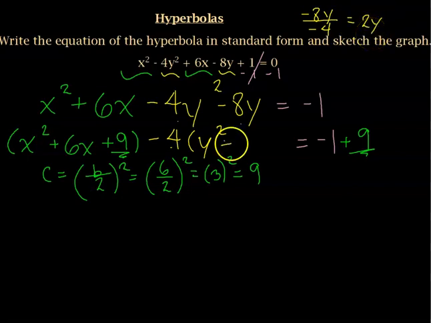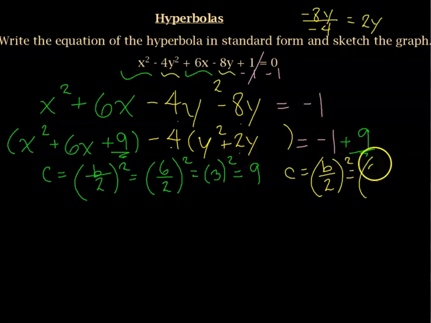So I'm going to write plus 2y. And now that my a value in the parentheses, meaning the coefficient of y squared, is 1, I can find the new value of c. Again, c equals b over 2 squared. So b for the y value is 2. 2 divided by 2 is 1. And 1 squared would give me 1. So I'm going to add 1 to this side.